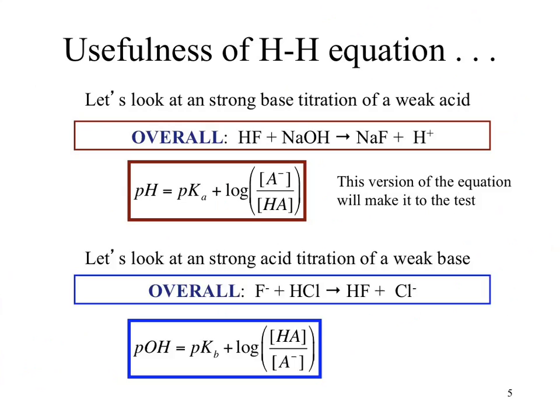Hence, we can get away with it. So as long as you're in that buffer range, the Henderson-Hasselbalch equation works. As soon as we shift outside of that buffer range, what happens? Henderson-Hasselbalch fails, because we're making an assumption to get both of these to hold true.